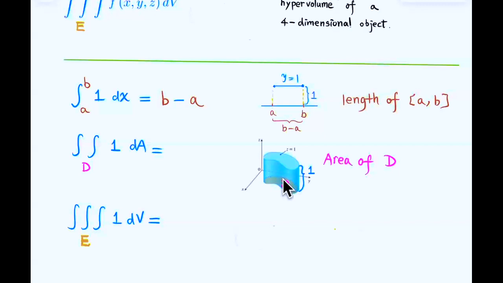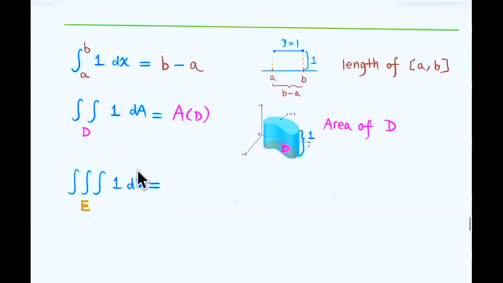So it's the area of D times the height 1. In numbers, that will be the same as the area of D. So this one over here will be equal to the area of D. What happens if you integrate 1 over a solid E? What do you get? Yes, you got it. So it's the volume of this solid E. Think about the 1 here as a density function. Then this integral here is equal to 1 times the volume. So that's the same as the volume.